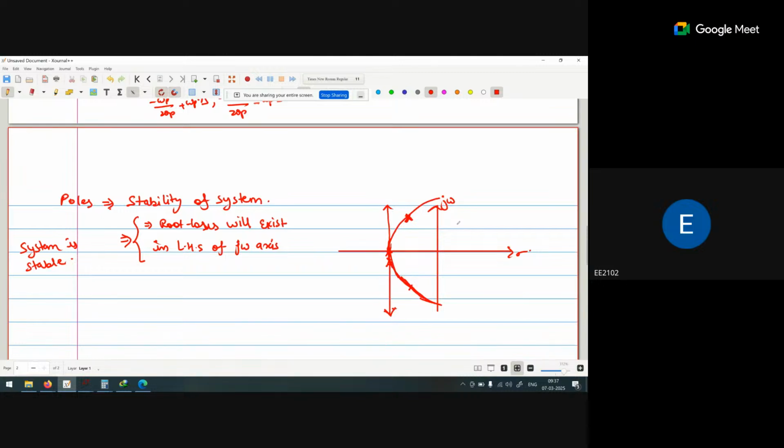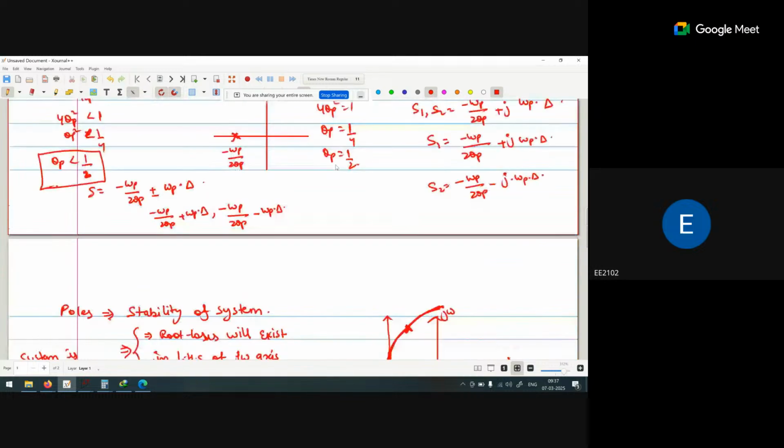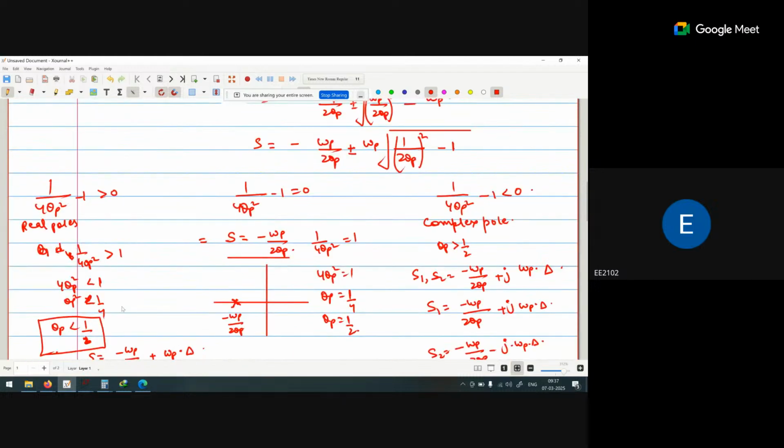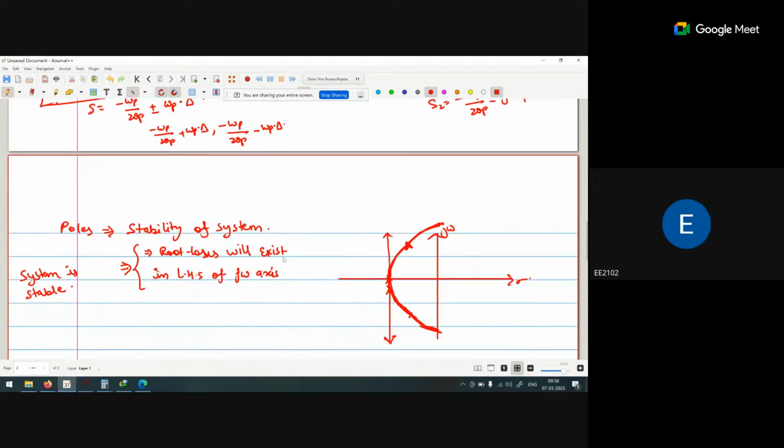One situation is where the poles are real, both poles are real.